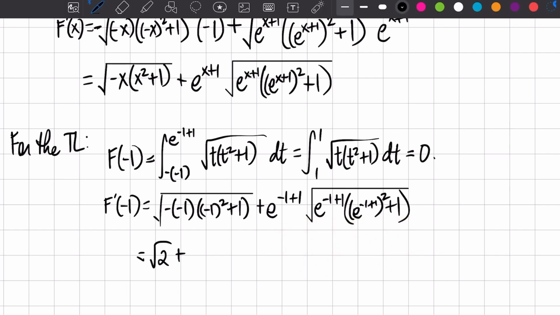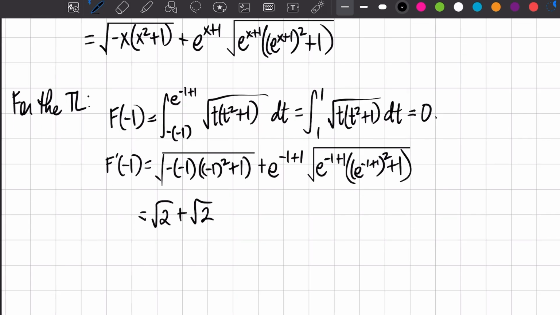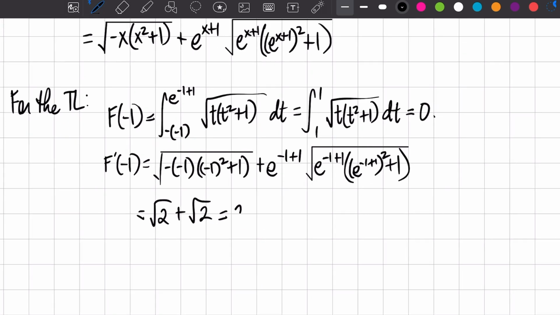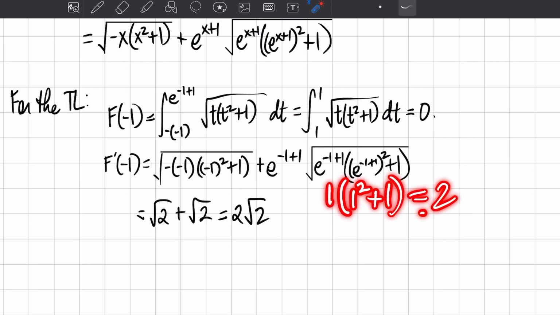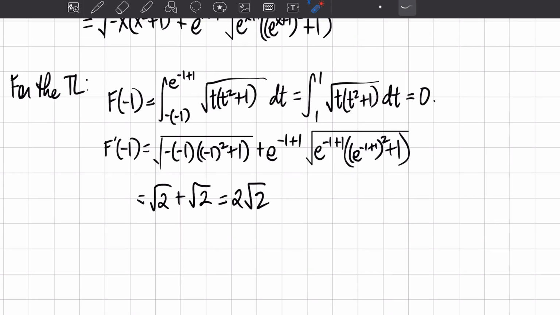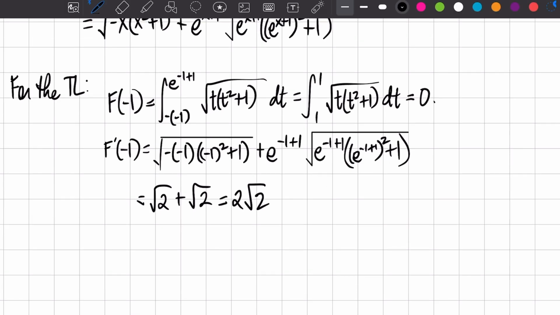So that's the square root of 2 plus the square root of 2, and we get here 2 square root of 2. Let's double check. This is positive 1 times 1 plus 1, that's 2. Then here inside, we have 1 times 1 squared plus 1, which is also square root of 2. So you have the square root of 2 plus the square root of 2 equals 2 square root of 2.